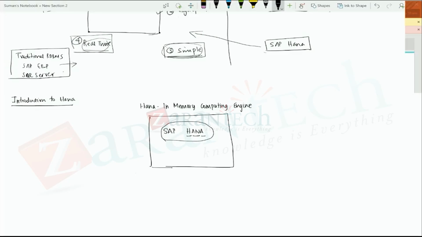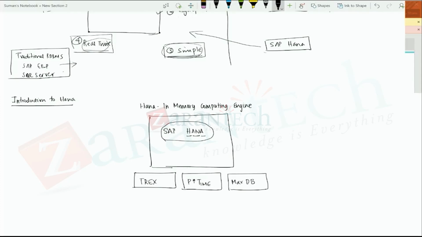If I want to broadly classify the main underlying things that make SAP HANA as a product, there are 3 different products that are combined together. The first product is called Trex. The second product is called P*Time. And the third product is called MaxDB.